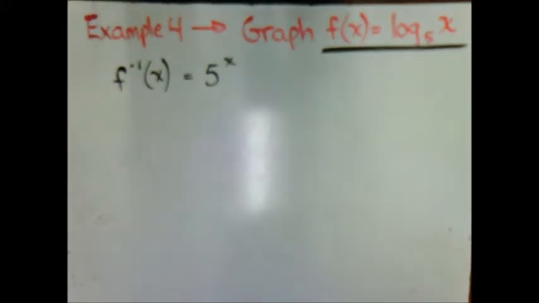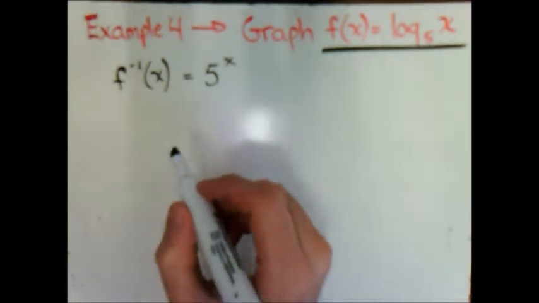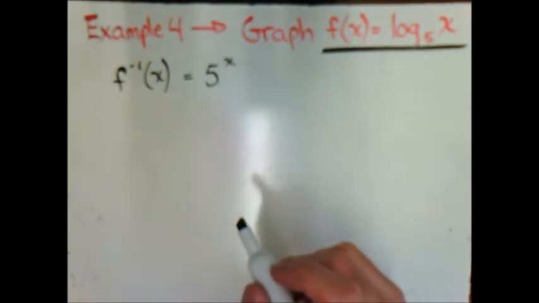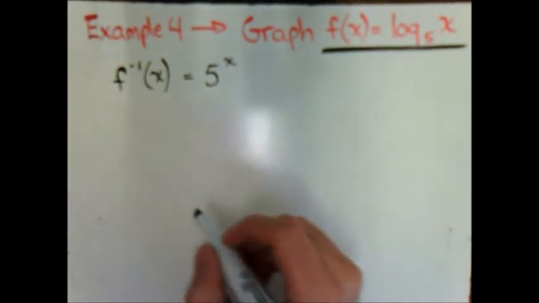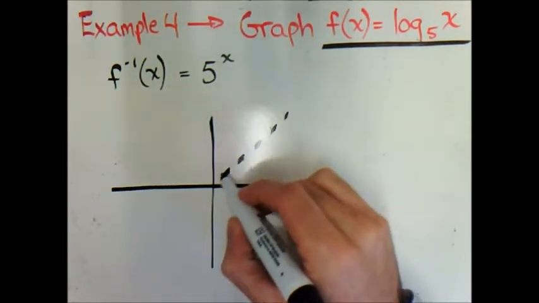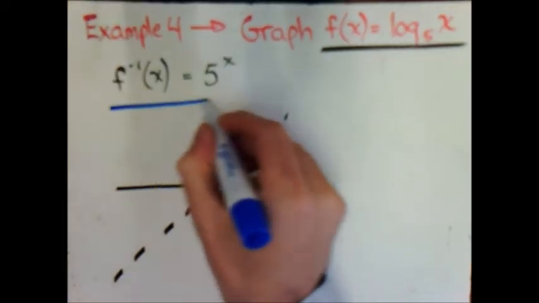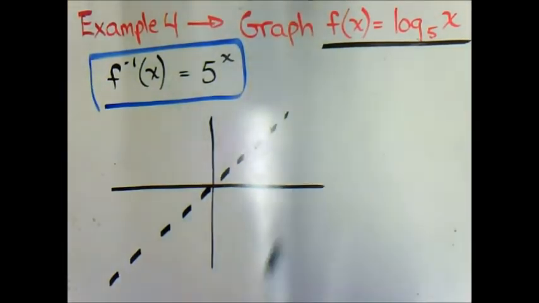It's simply the exponent form of this. Now we're going to graph that and then reflect it over the line y equals x. We'll draw our inverse function in blue, and we'll leave red for the actual logarithmic function.